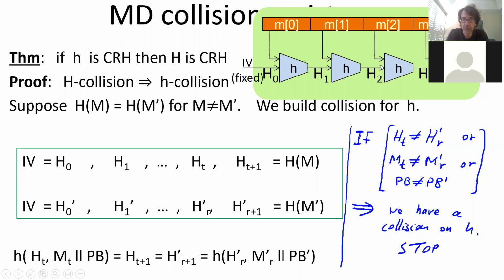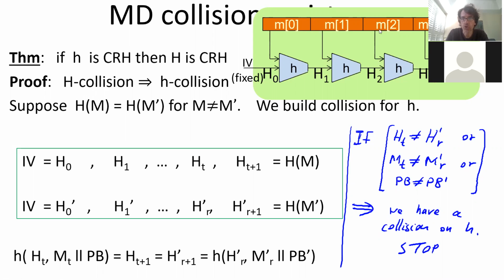Now let's look at the input to the compression function one before the last. And what do we now have? Again, two cases, because the output is the same in both executions. H3 in this case and H prime 3 is the same. So we have again two cases of these inputs. If they were different, then we have a collision in this compression function, and we're done.